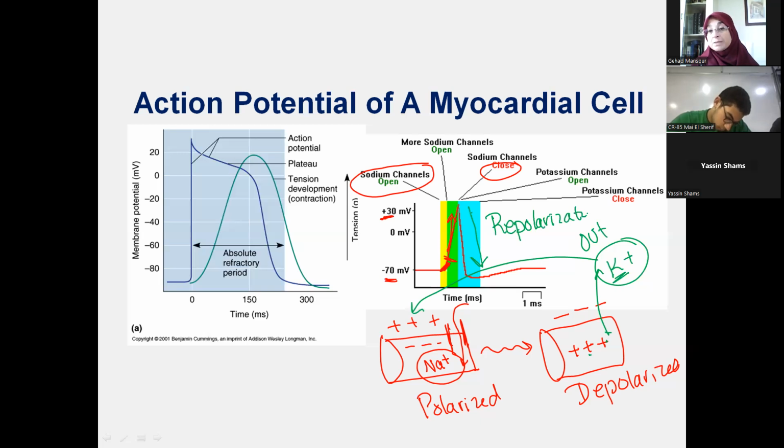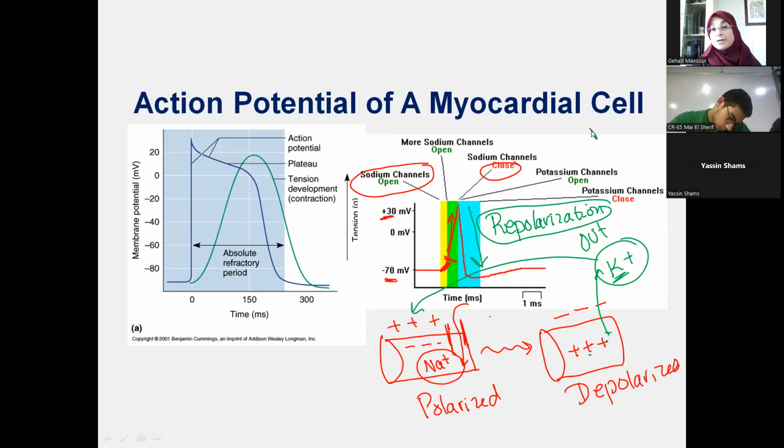So repolarization is mainly due to opening of the potassium channels, movement of potassium outwards and therefore return to the polarized state. بس طبعا احنا رجعنا للpolarized state لكن كل حاجة متلخبطة لأن دلوقتي حصل العكس. sodium is now inside and potassium is now outside. بعد كده بقى الصوديوم potassium pump will make up for this بس احنا مش هناخد الكلام ده.